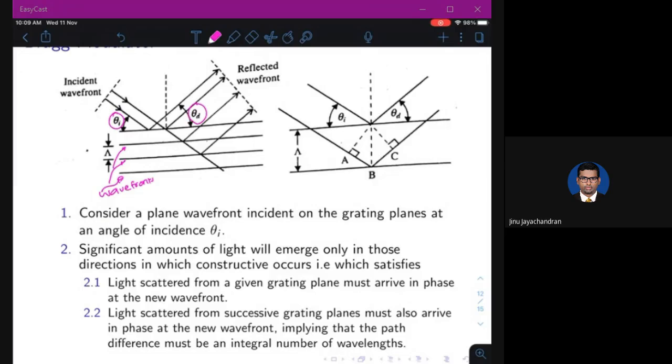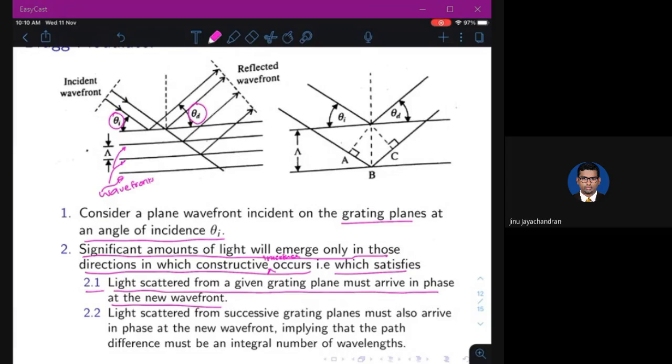Now, for the wave incident on the grating planes at an angle of incidence theta I, significant amounts of light will emerge only in those directions in which constructive interference occurs. That is, which satisfies the first condition: light scattered from a given grating plane must arrive in phase at the new wavefront.